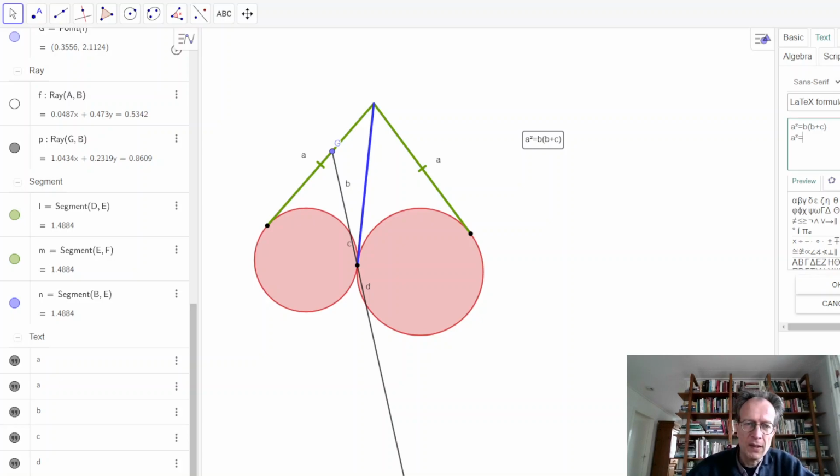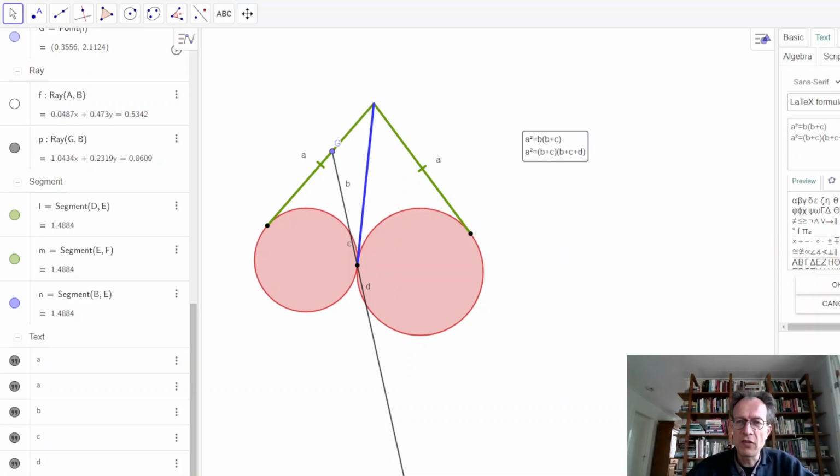But now it is the distance to the circle, which is b plus c, times the total distance to the second intersection, so that's b plus c plus d. Those are the same. Okay. So we have two equations.